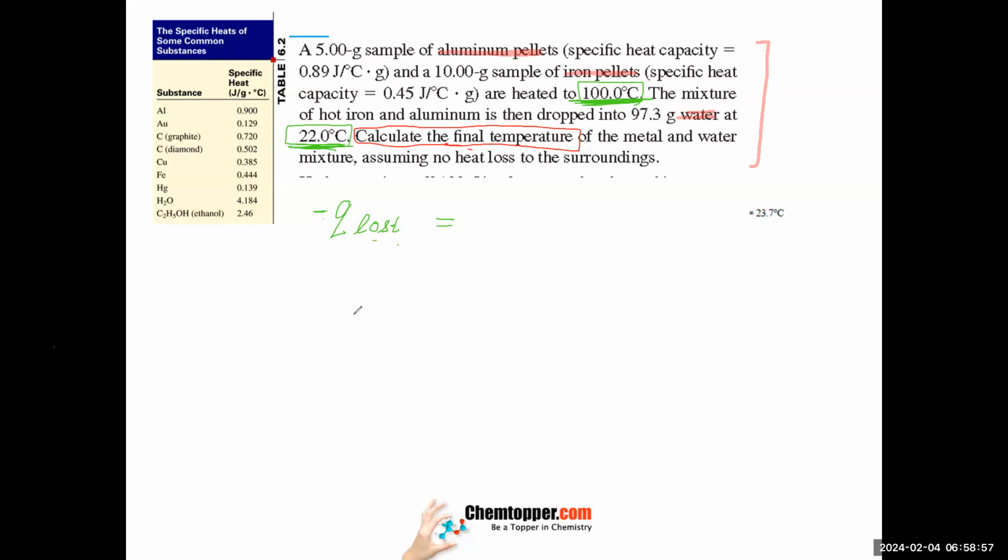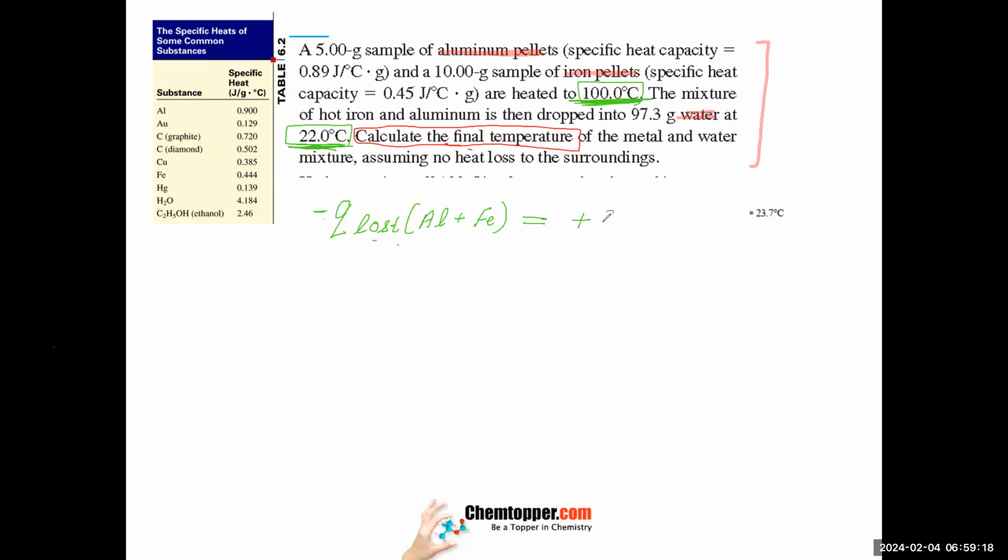So Q lost is because of the aluminum and Fe. Any doubt here? And who is gaining heat? Which system is gaining heat?